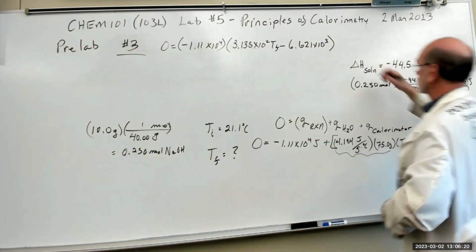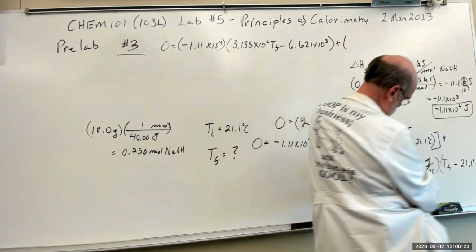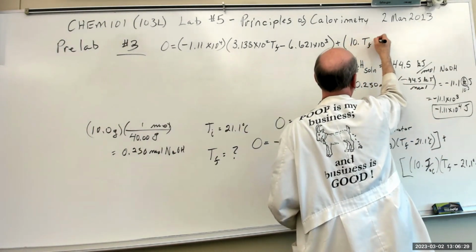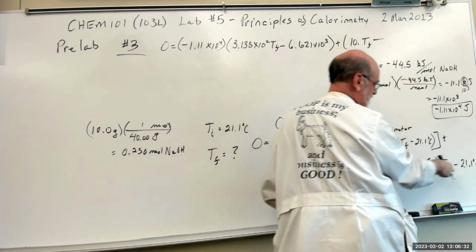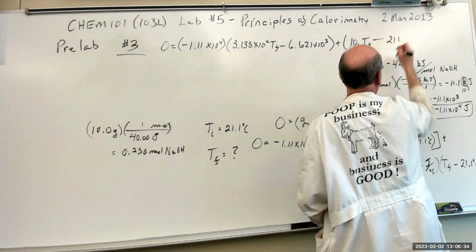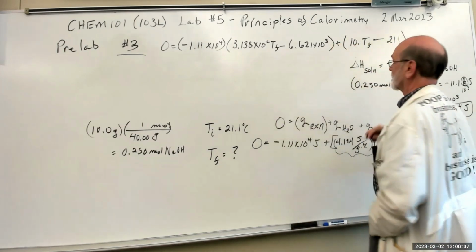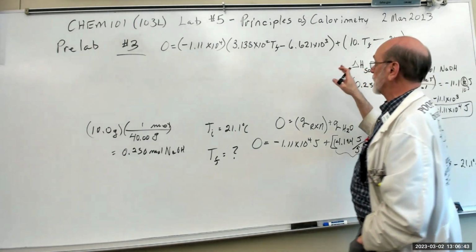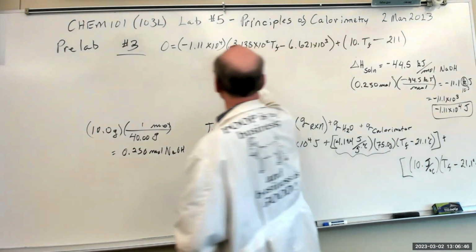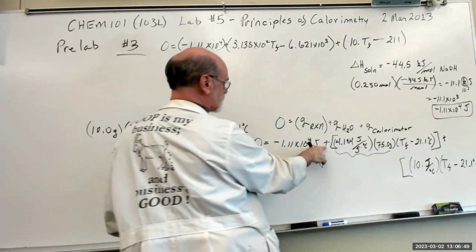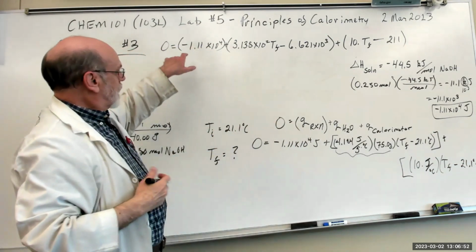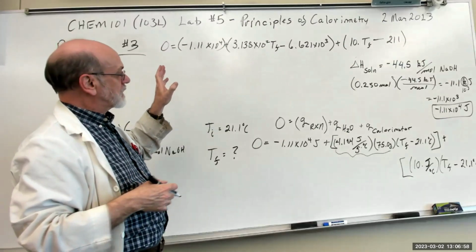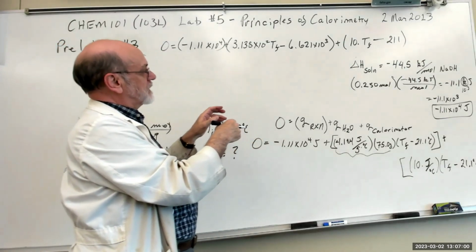And then this one is 10 times TF, minus 10 times 21.1, which is 211. Okay. So now what we need to do, sorry, that's a plus. All of these are pluses and minuses. So we can add all the numbers together and then we can combine the ones with the unknown. And let's do that next.